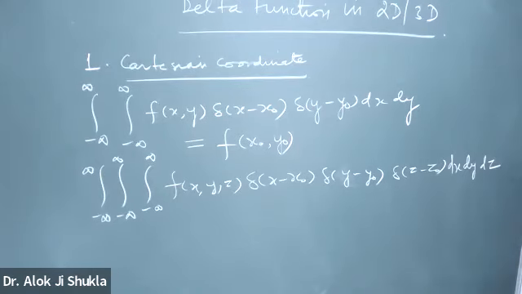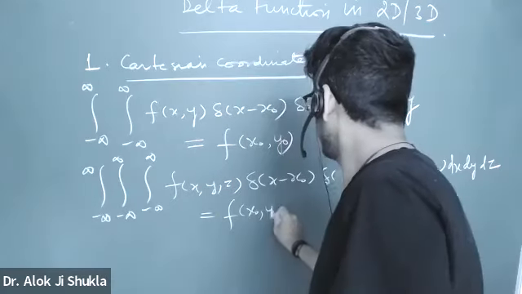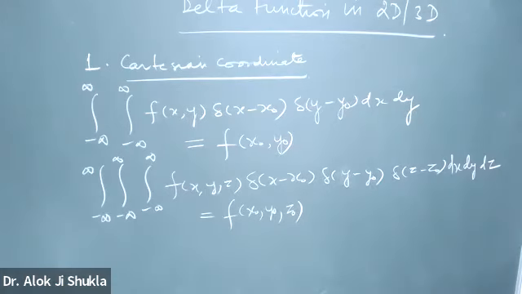This will be equal to what? f of x naught, y naught, z naught. So this is in Cartesian coordinates, the first thing.